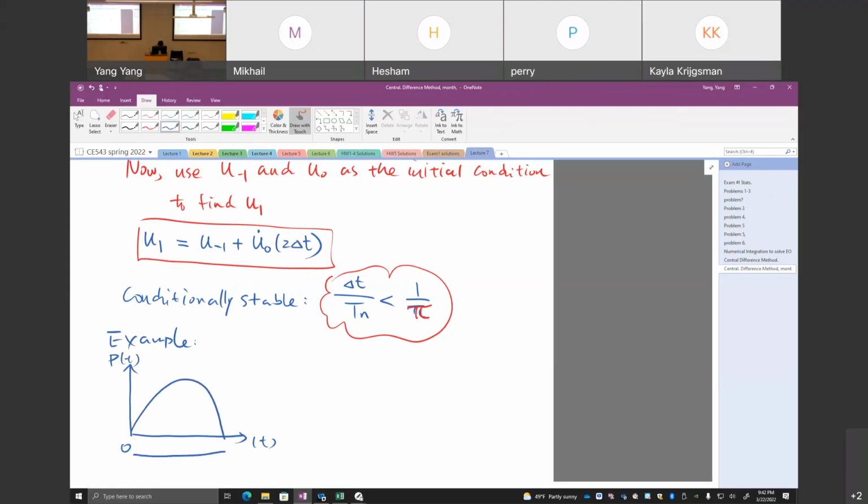The duration is 0.6 seconds, and the maximum force is 100 kips, applied to a single degree of freedom system.